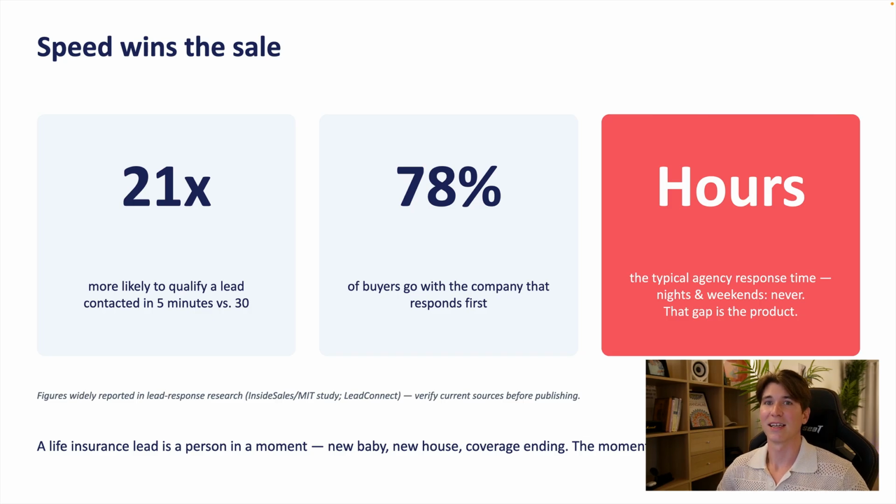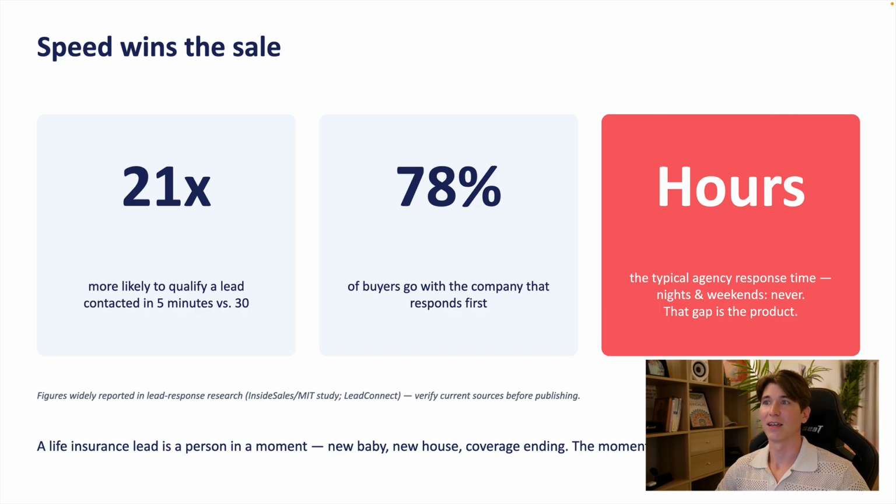And 78% of buyers go with the very first company that responds. So if you don't respond within 5 minutes and someone else does, 78% are going to go with that. And the typical agency is responding in hours potentially, or nights and weekends, forget about it.